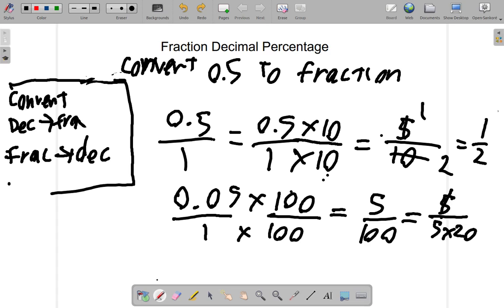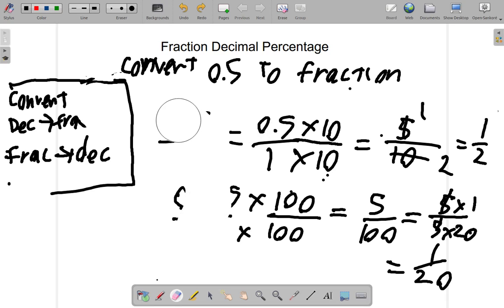So 5 cancels 5, this is like 5 by 1 over 5 by 20. When you cancel down the 5, you get 1 over 20. So the answer gives you 1/20th. So 0.05 is the same as 1 over 20. Now, that's a case of converting a decimal to a fraction.